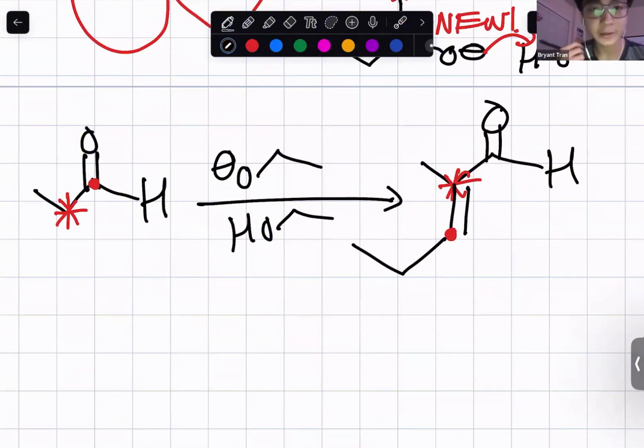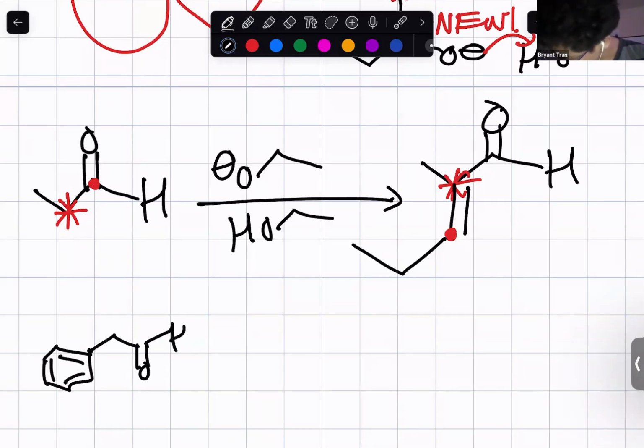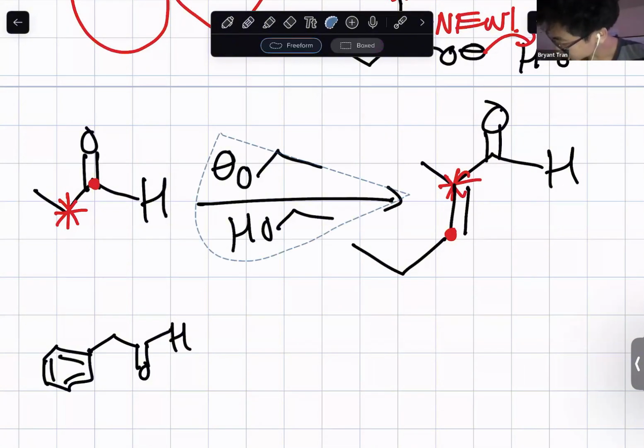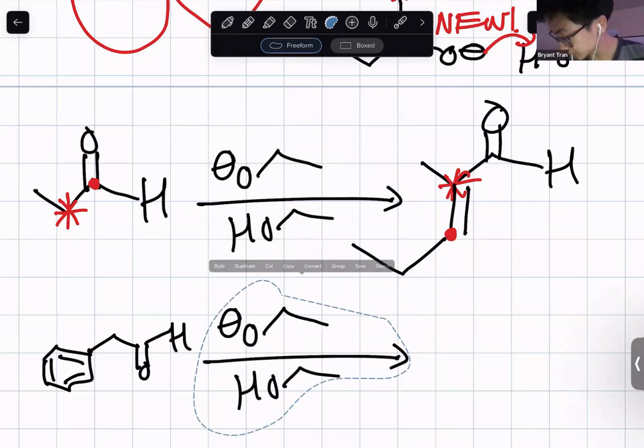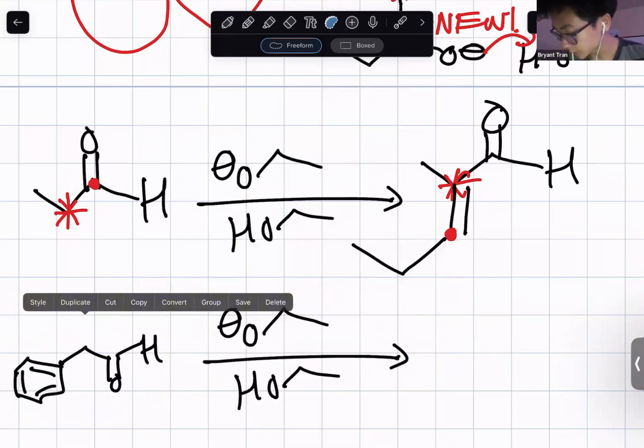Any questions on that before I give you practice to predict the product here, and to draw out the mechanism for this one for 118B? Okay, for practice, just predict the product here using the shortcut I just showed you.